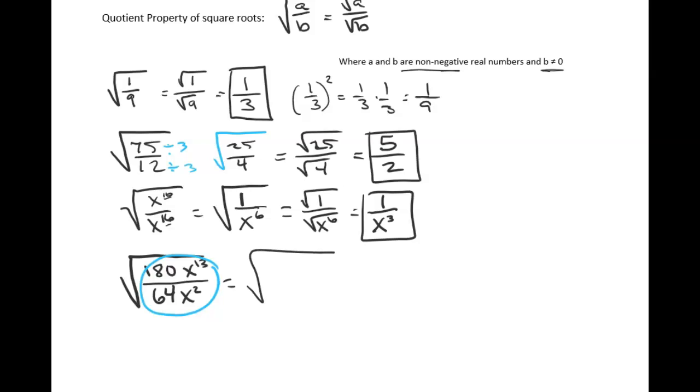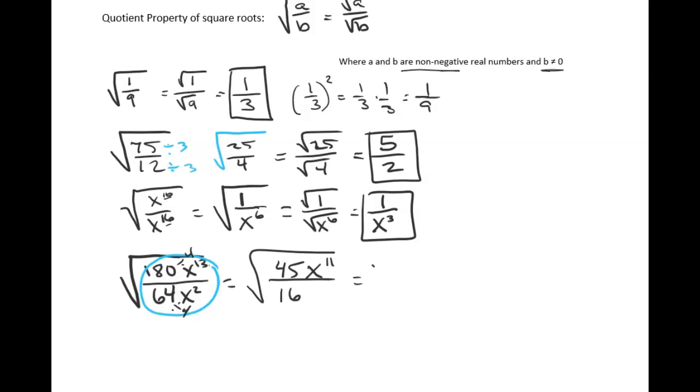I look at the numerical part, 180 and 64, and as I start reducing, it turns out they can both be divided by 4. I end up with 45 on the top and 16 on the bottom, and that fraction does not reduce any further. As for the variables, I have x to the 13th on top and x squared on the bottom, so I have more x's on top, and I subtract 13 minus 2 and get x to the 11th.